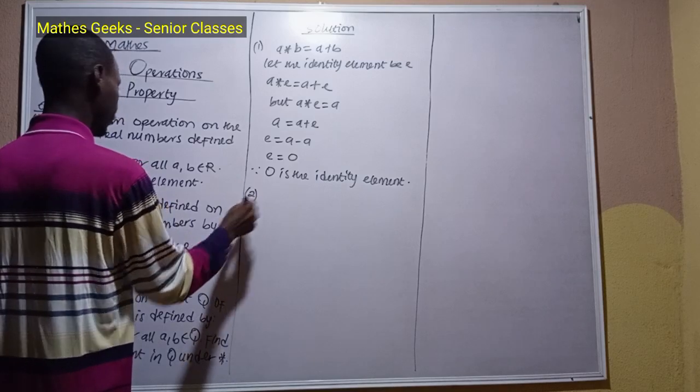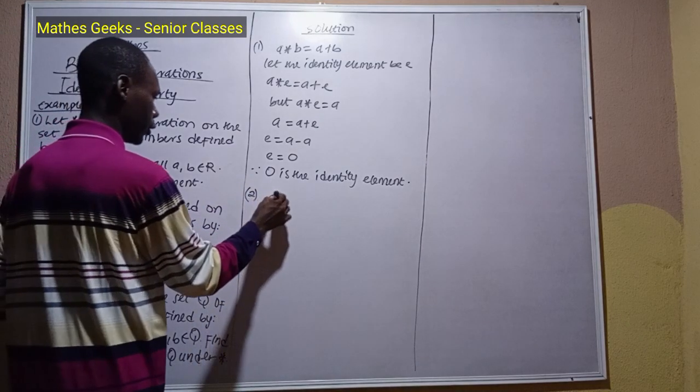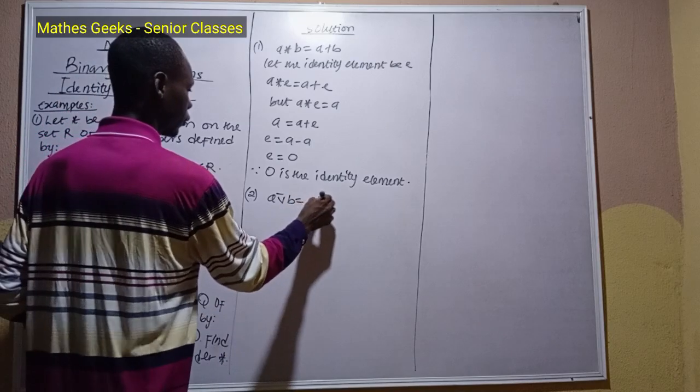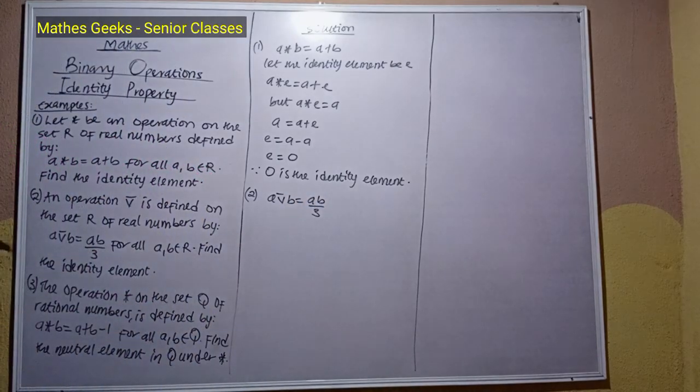Let's see another one. An operation is defined on the set R of real numbers by A operation B is equal to AB over 3 for all A and B elements of R. Find the identity element.